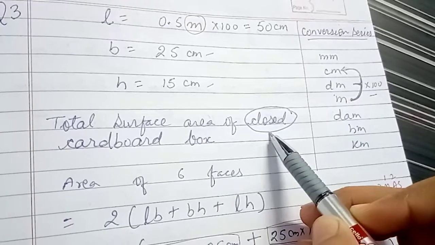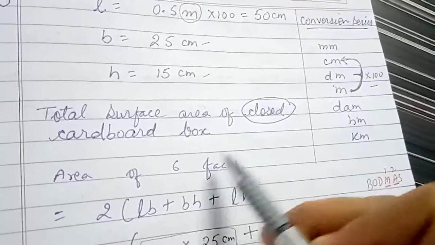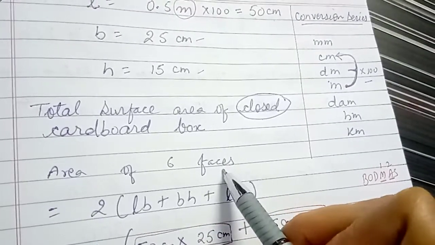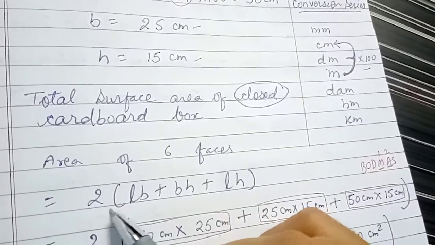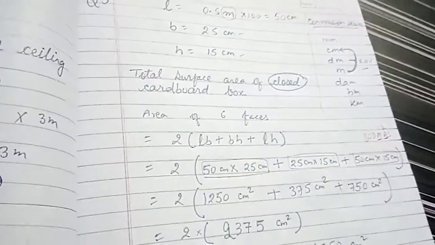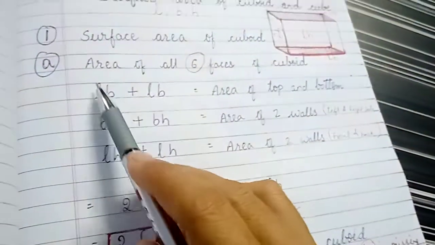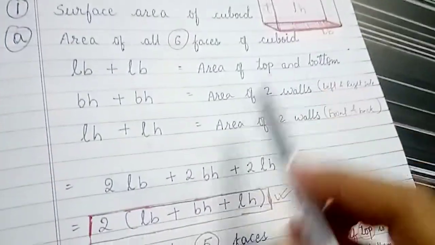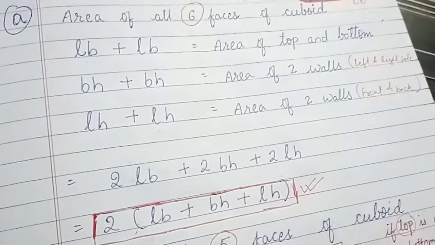And this cardboard box is closed from all sides. So a closed cuboidal box has total 6 faces, so use this formula, 2 into (LB plus BH plus LH). See this one, area of all 6 faces, 2 into (LB plus BH plus LH).